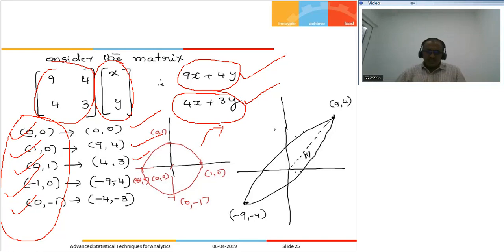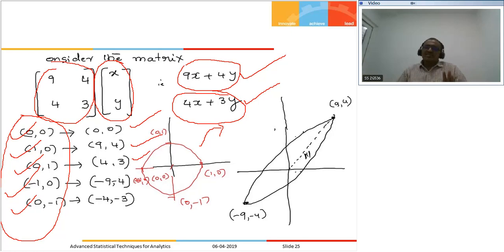So actually, that is where the eigenvalue, eigenvector concept helps us, when we want to scale the vector in a given direction. Here, the eigenvalue gives the magnitude and eigenvector gives the direction in which we are going to have a scaling.